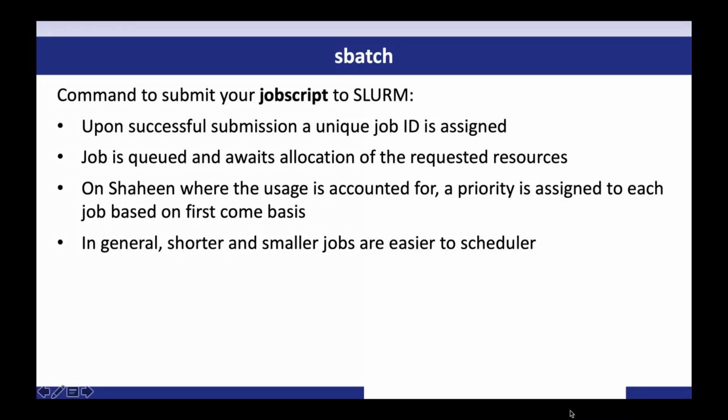Upon being queued to a specified partition of Slurm, the job gets scheduled and a priority value is assigned to it. The priority increases with the age of the job in the queue. In general, jobs requiring a small number of nodes and short hold time are easier for the scheduler to schedule and run before others.